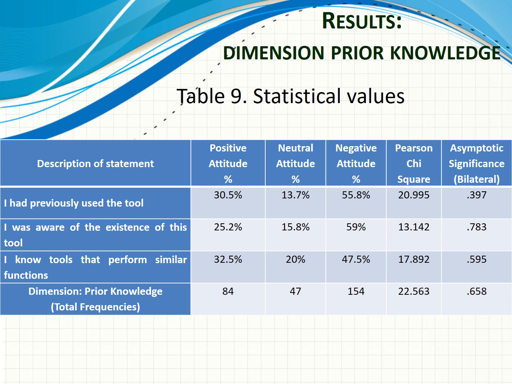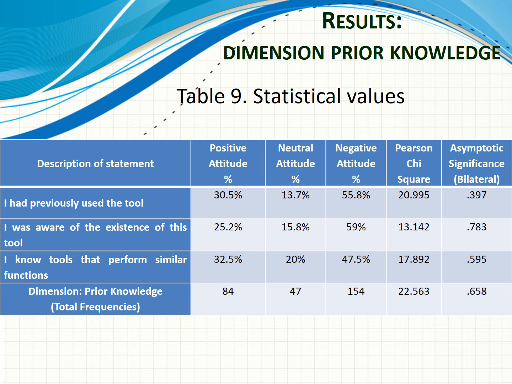In relation to the second statement, I was aware of the existence of this tool, also presents similar results. 25.2% say they agree. Meanwhile, 15.8% of respondents were undecided. However, 59% say they had no knowledge of these tools.